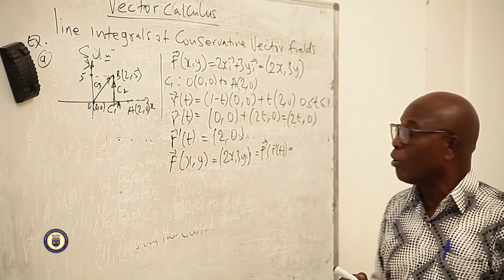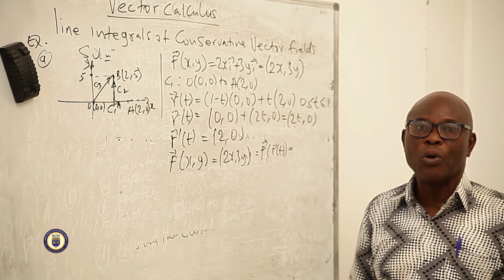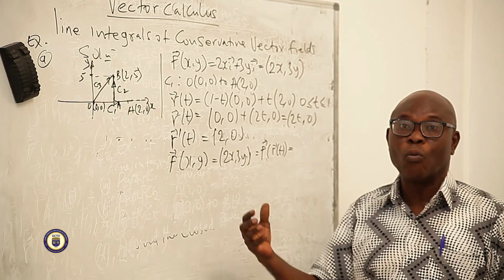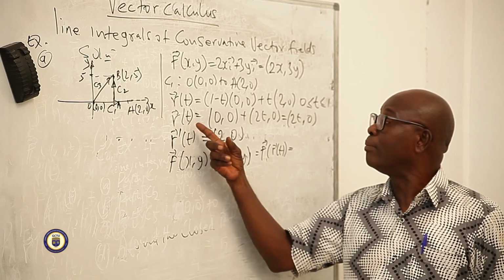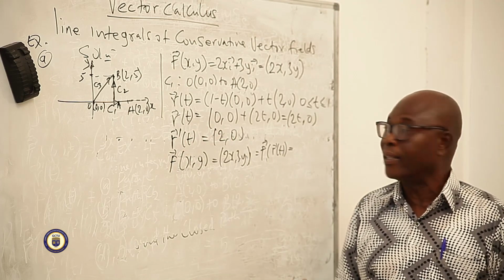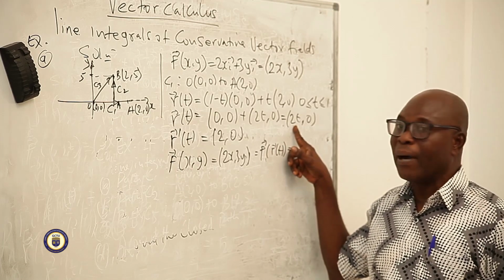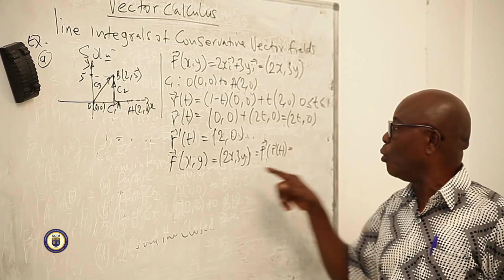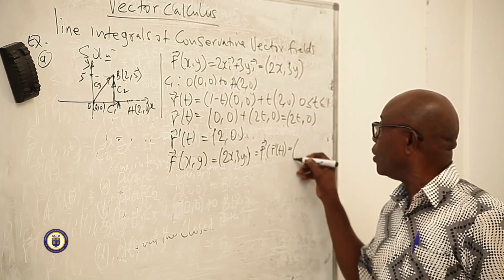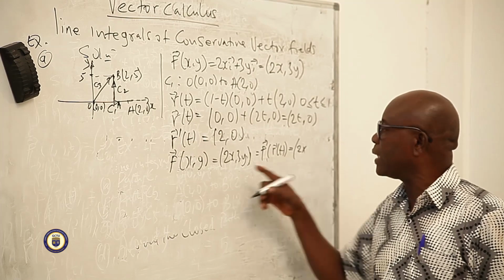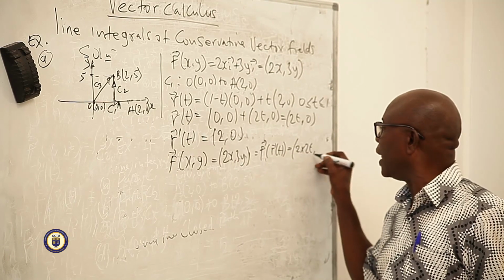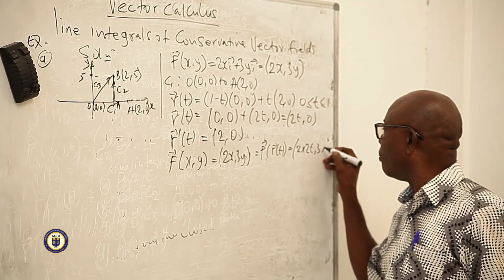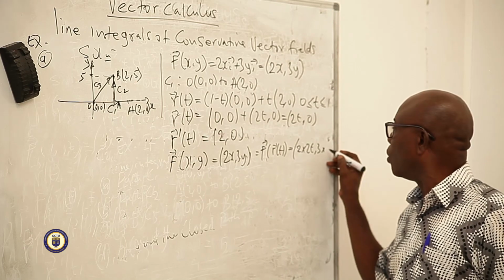It means that instead of using x and y, we substitute the corresponding values for x and y from the parametric equation of the path. In this case, x is 2t and y is 0. So 2 times x is 2 times 2t, and then 3 times y, where y is equal to 0.